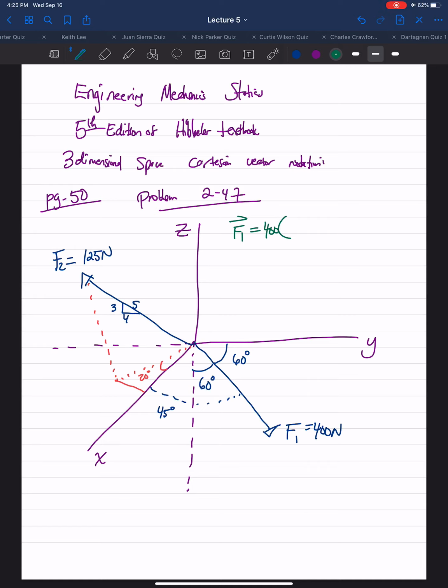So in the i direction or the x direction, the angle F1 makes with the x-axis, we said, is 45 degrees.